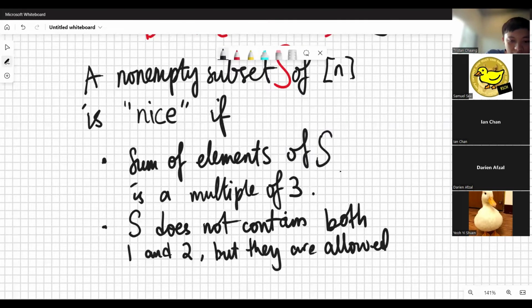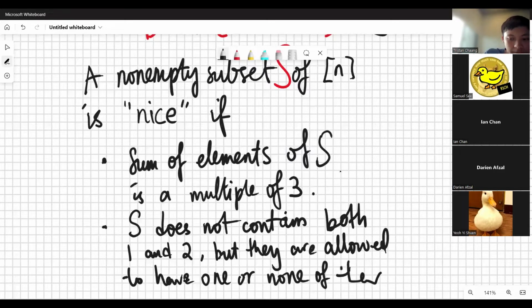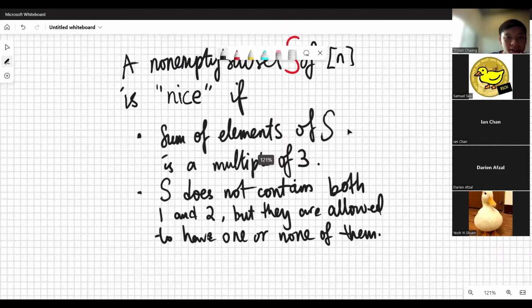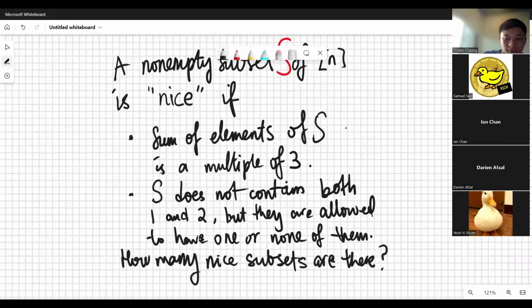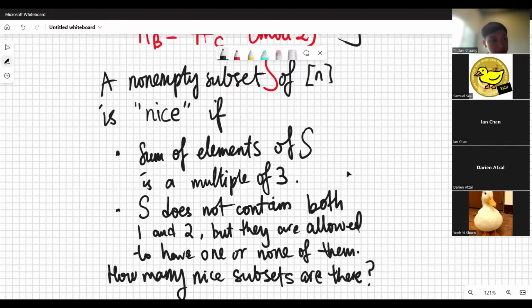They are allowed to have one or none of them. So how many nice subsets are there? In terms of n, of course.